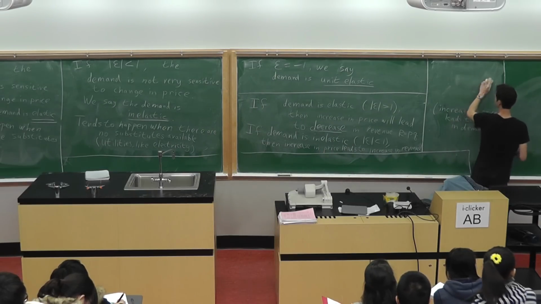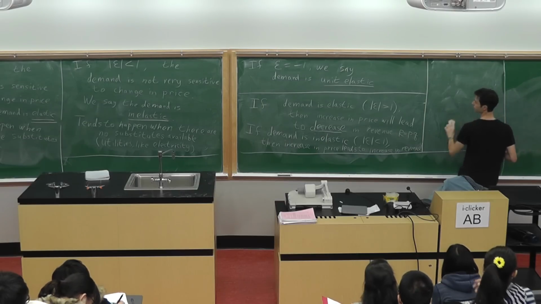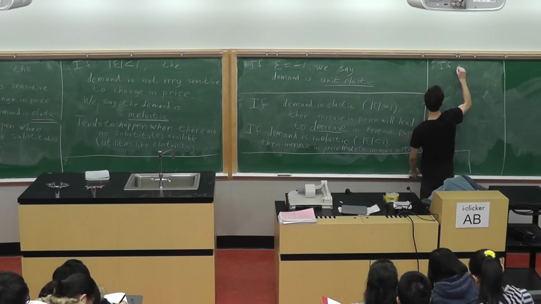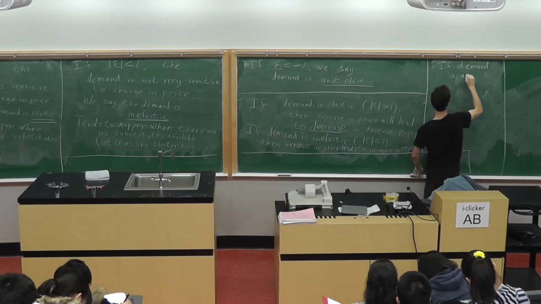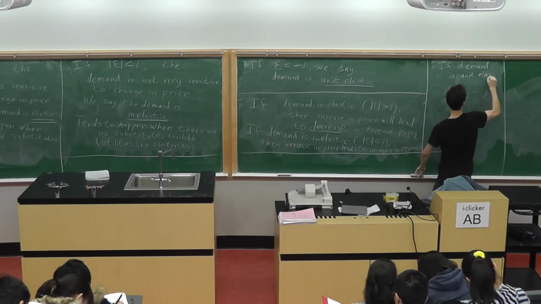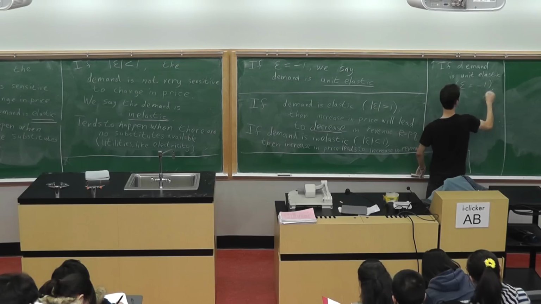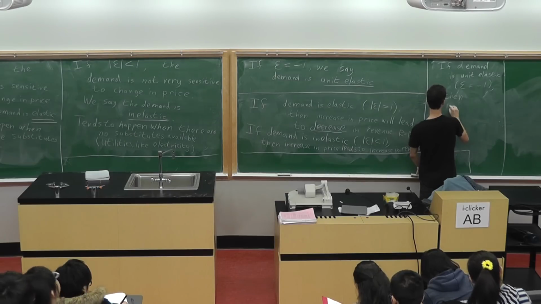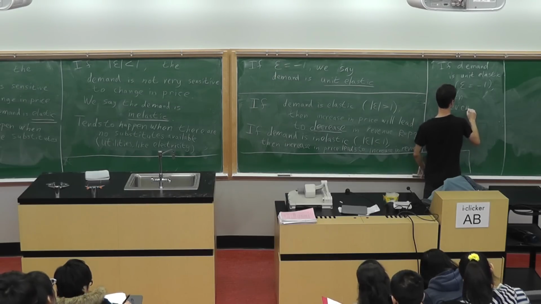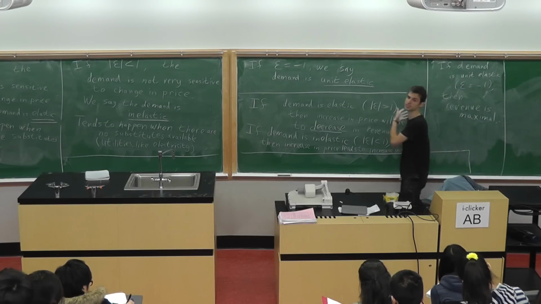And finally, what does it tell you about unit elastic demand? So if demand is unit elastic, epsilon is -1, then revenue is maximum. Why is that?